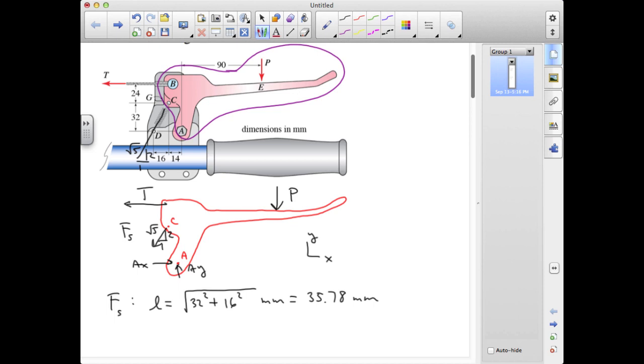And then the spring force will be equal to the spring constant times the difference between the stretched and unstretched lengths. So we have 5 newtons per millimeter times 35.78 minus 20 millimeters, and that gives us a value of 78.89 newtons for the spring force.